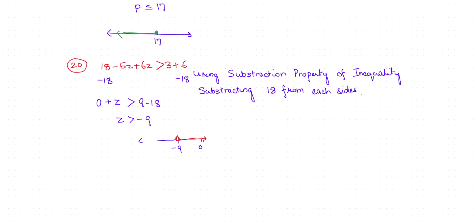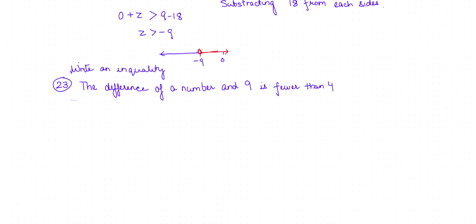Now let's do some word problems. The difference of a number and 9 is fewer than 4. So let the number be n. The difference of a number n and 9 means n minus 9, and fewer than 4 means is less than 4.